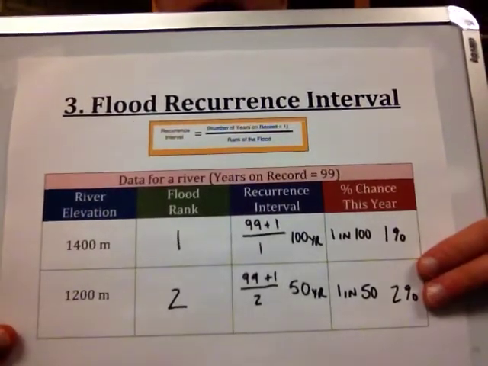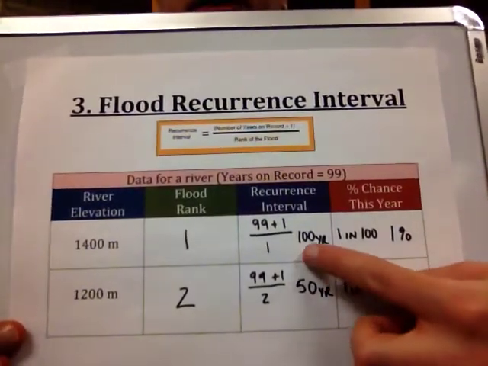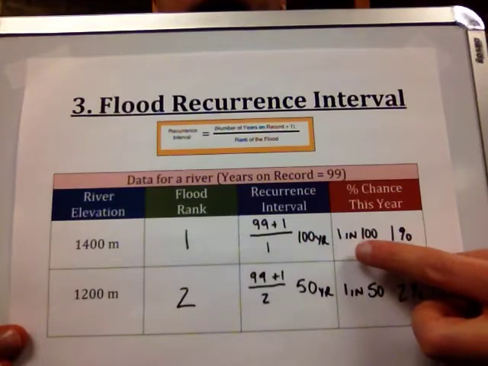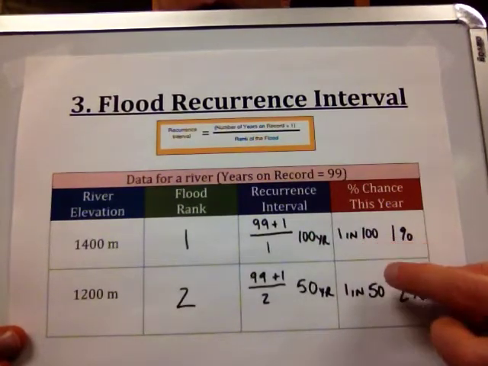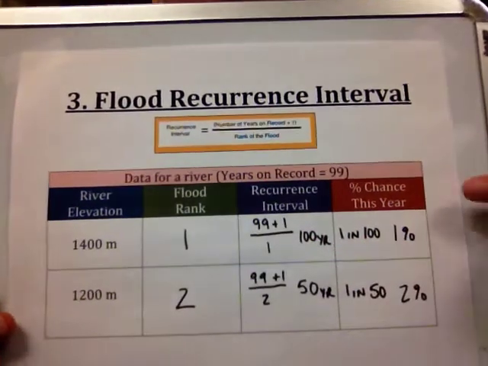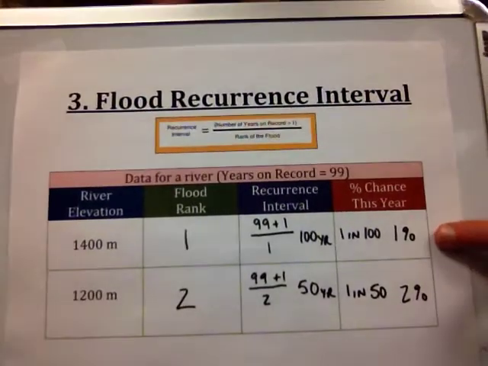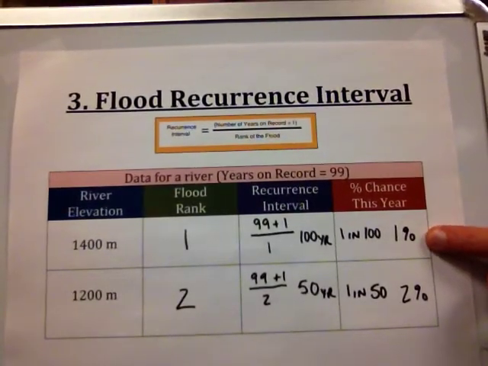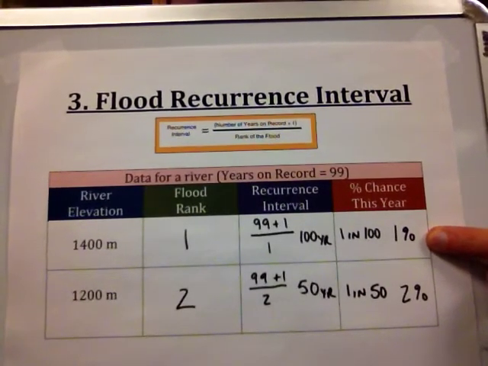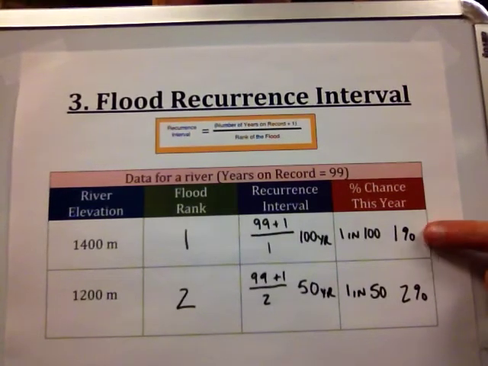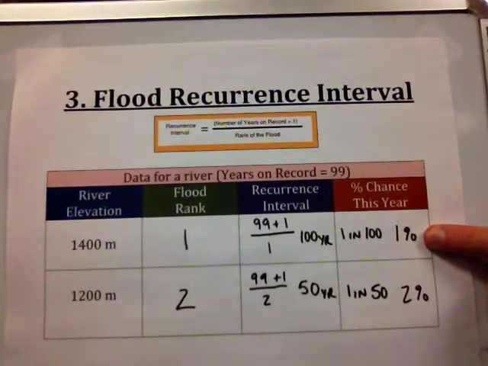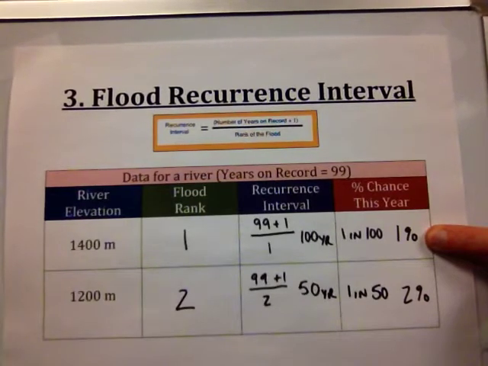So what this actually means when we say 100-year flood is that the likelihood of having a flood as large as our first one in a given year is 1%. So if you look at every year, there's a 1% chance of having a flood this large. After 100 years, you've had 1% plus 1% all the way up to 100.